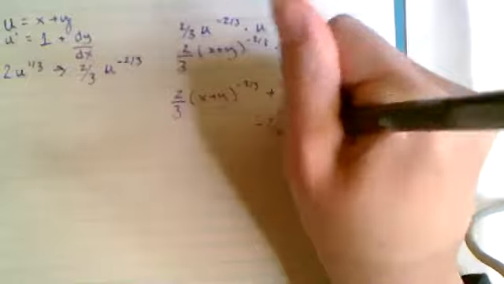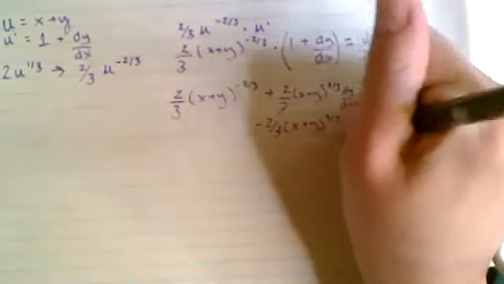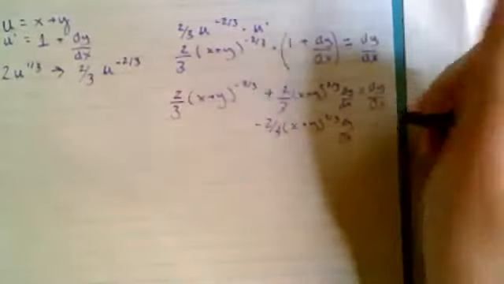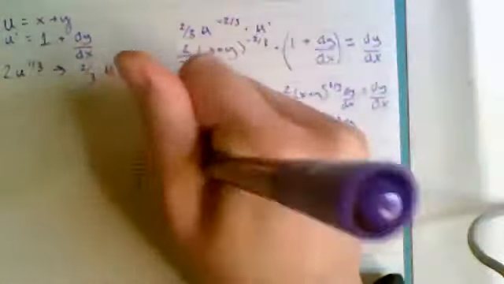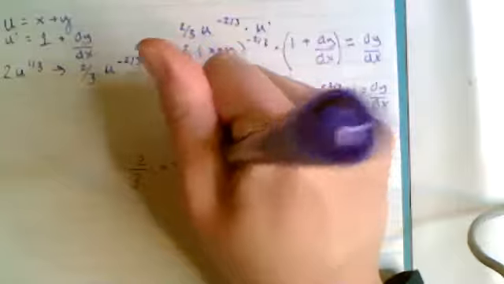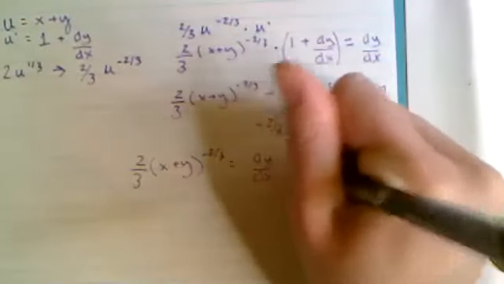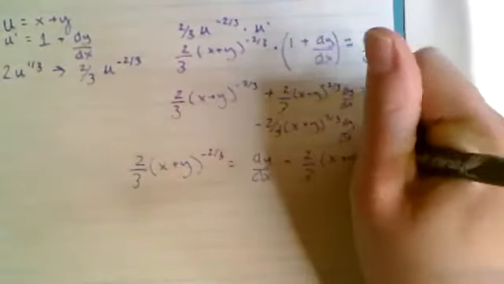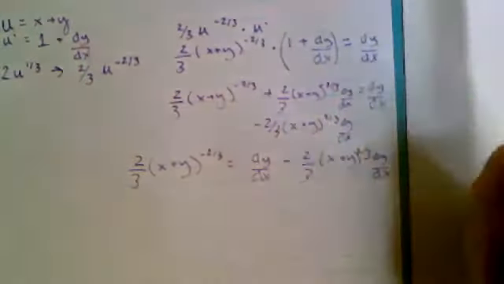So I'm going to move this one over: minus 2/3 x plus y to the 2/3 dy dx. And the same thing over here. I'm not going to write it down because I'm running out of room on that side, so I'm just going to give myself some more space. So 2/3 x plus y to the negative 2/3 equals dy dx from my original minus 2/3 x plus y to the 2/3 dy dx.